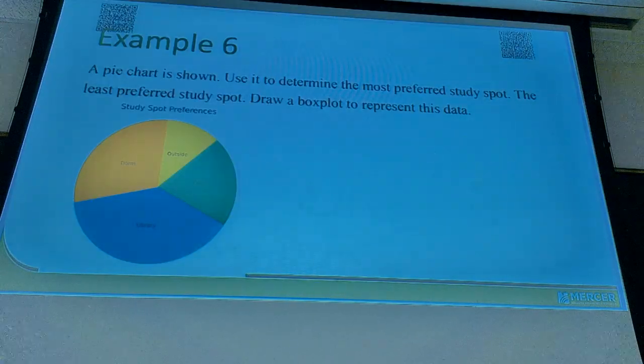First, let's just assume, because a lot of pie charts will be like this and not give you the percentage, just looking at that pie chart, what is the most preferred? The library, right? Why the library? It's the biggest piece.